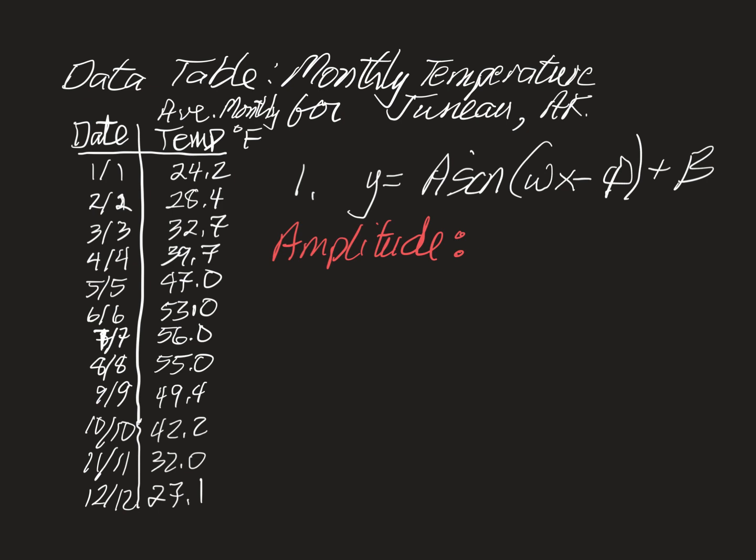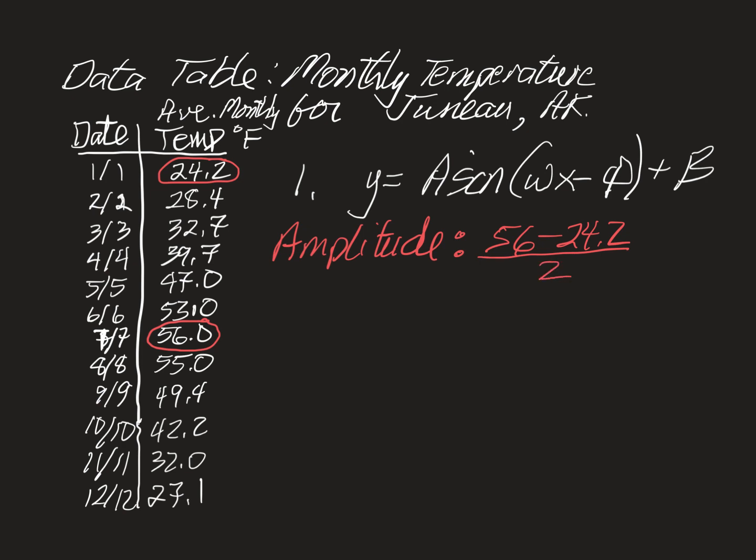Okay, so what we would do is take the highest y value and the lowest y value and subtract them. 56 minus 24.2. And then remember, that's twice as big because you got a midline in between, so you got to divide it by 2.